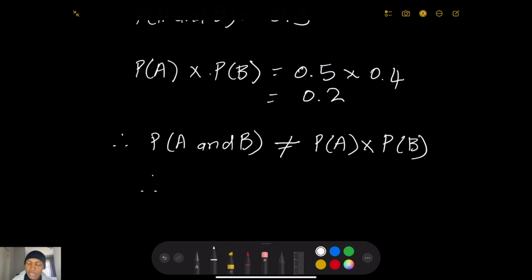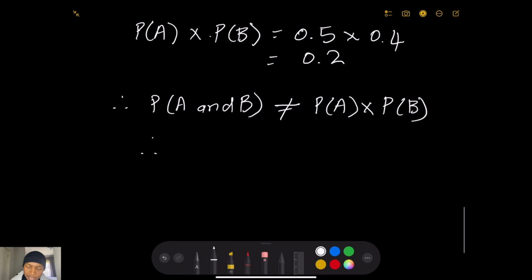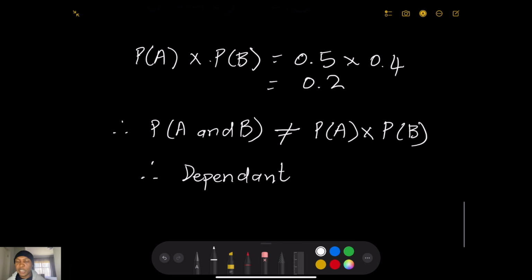It means that the events are not independent. These are dependent events. So they are not independent in this particular case.